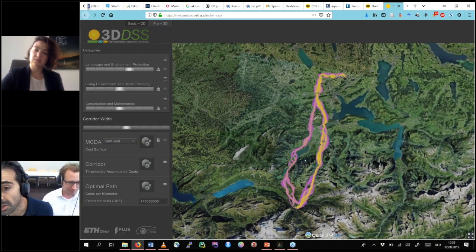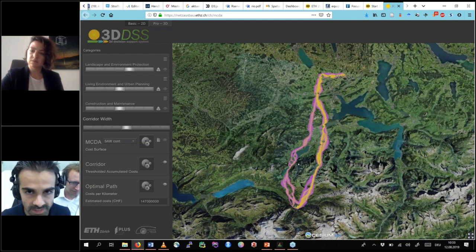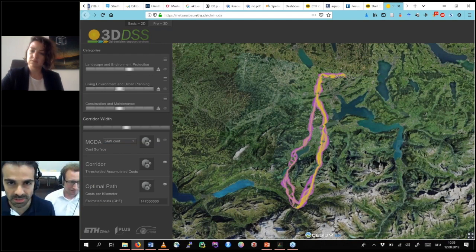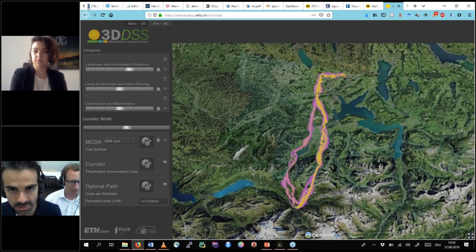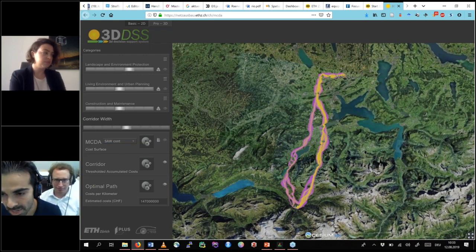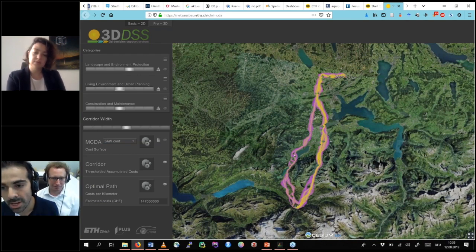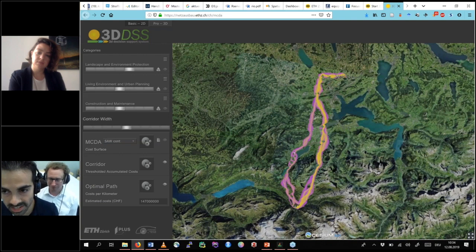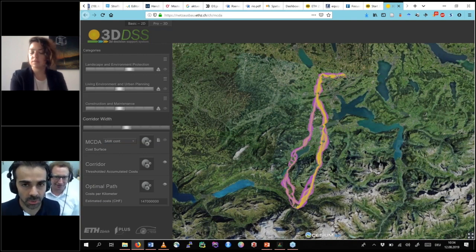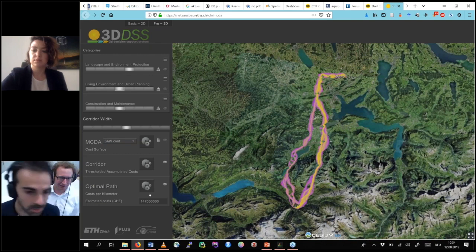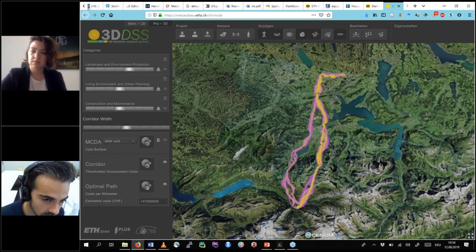Under this consideration of this specific model, other alternatives come into question, let's say going through this valley or passing the lake on the west side. This tool is very powerful in generating different alternatives, which could then be discussed together with stakeholders. So this solution could also be computed.